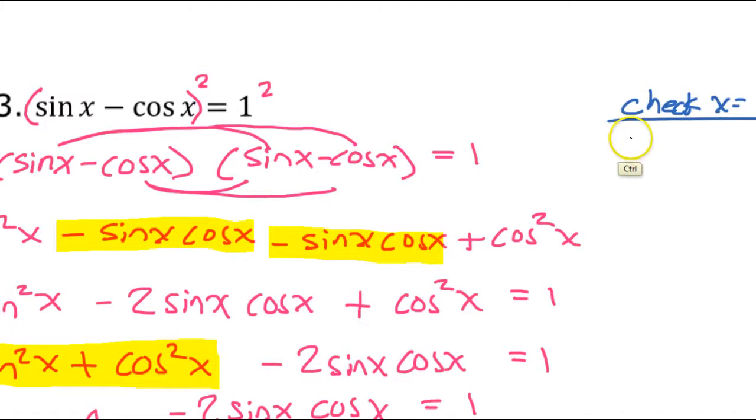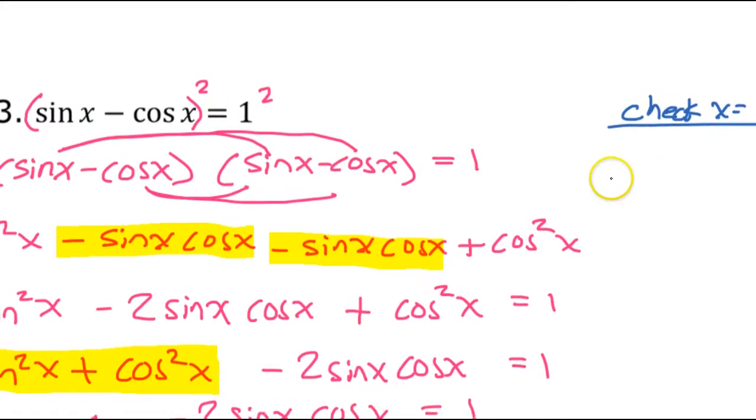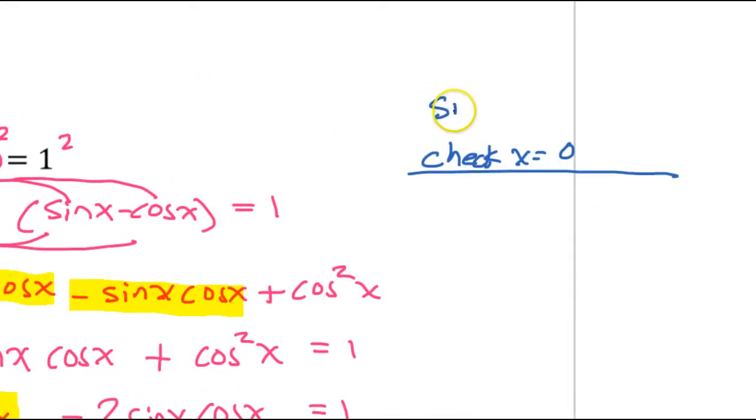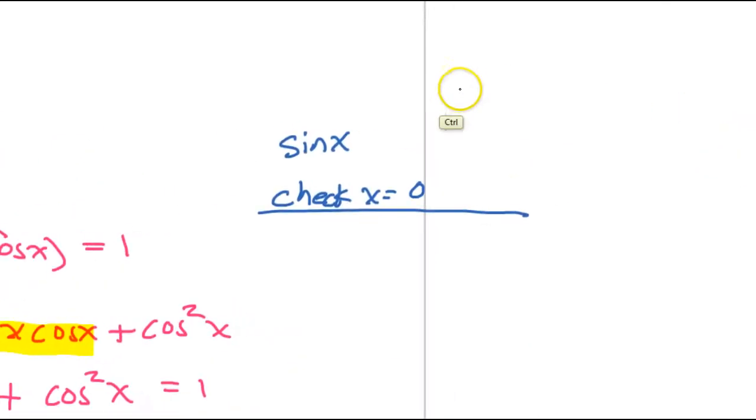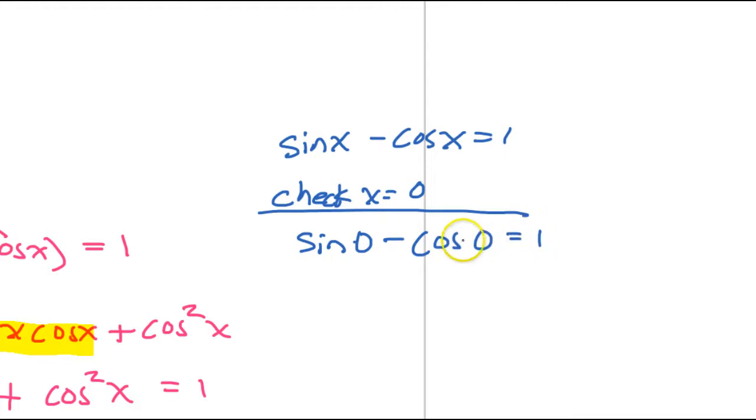Okay, so I'm just going to write this right here. So I have sine x minus cosine x equals 1. This was the original equation. If x is 0, then that means I have sine 0 minus cosine 0 is equal to 1.